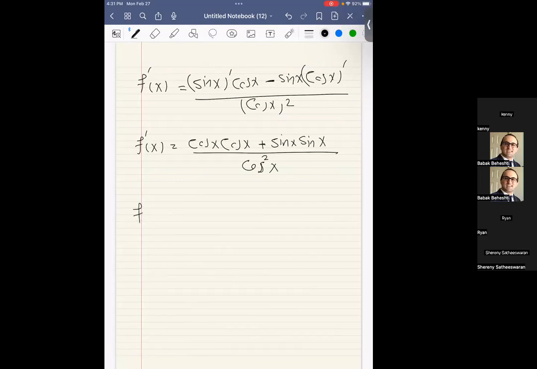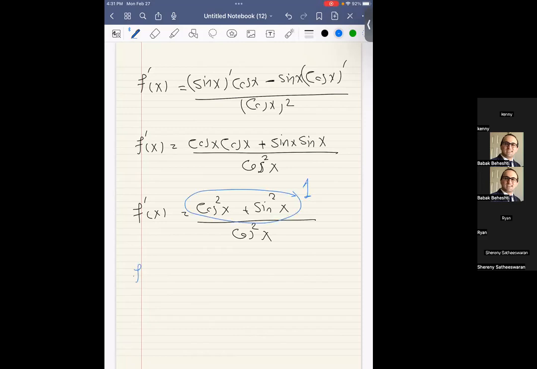Now on the top you have cos squared x plus sine squared x over cos squared x. What is cos squared plus sine squared? It is 1.